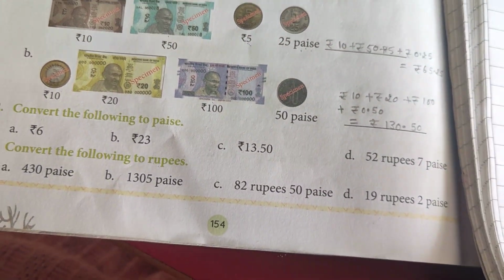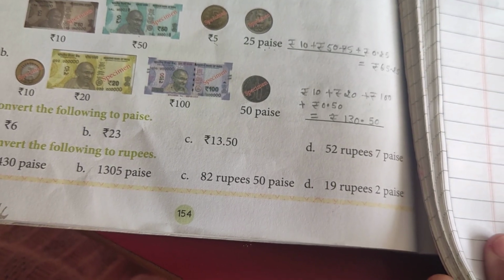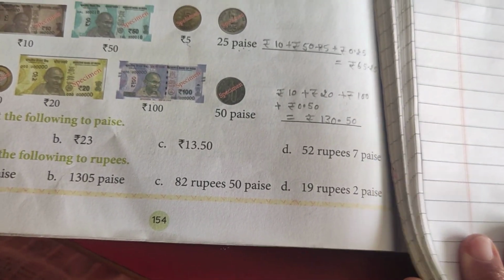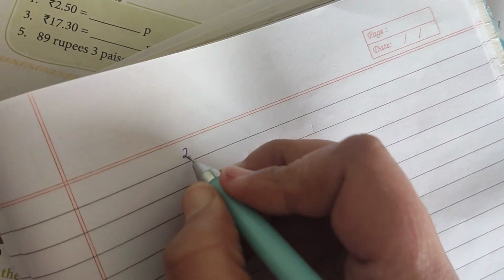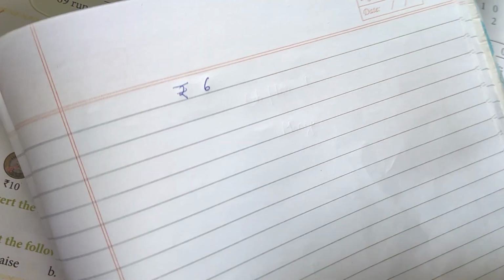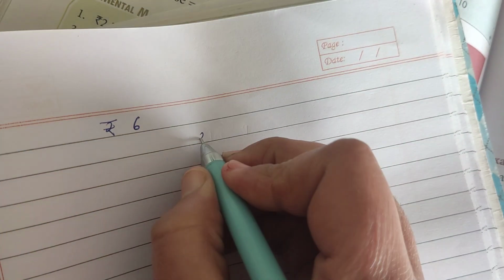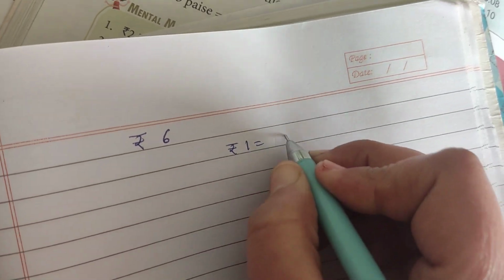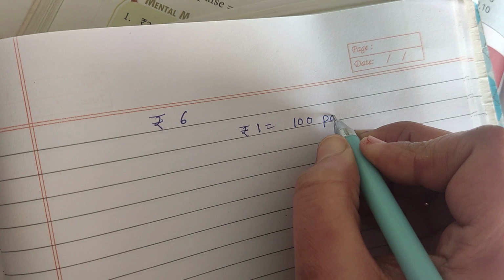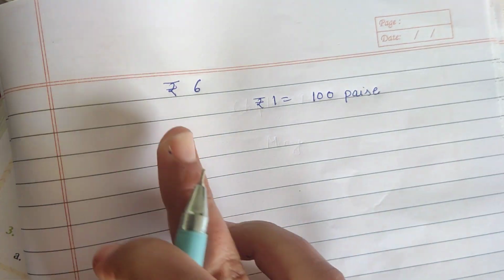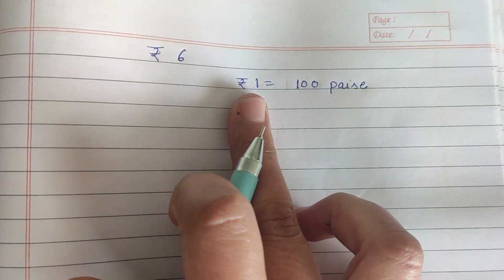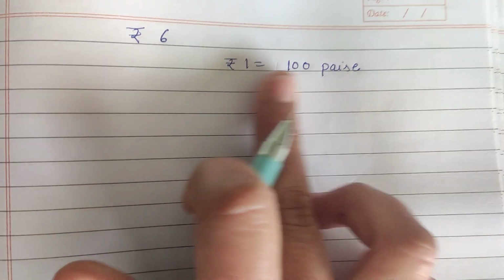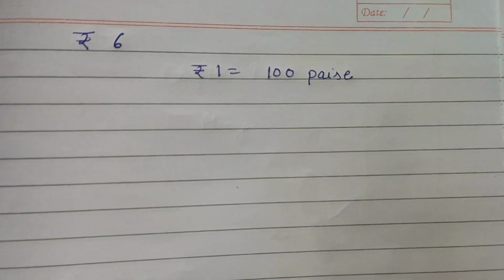Now come to the next question. Convert the following to paisa. So we are having rupees 6. As we know that rupee 1 is equal to 100 paise. Here we have to convert rupees into paisa. Rupees is a bigger unit of currency and paisa is a smaller unit of currency.